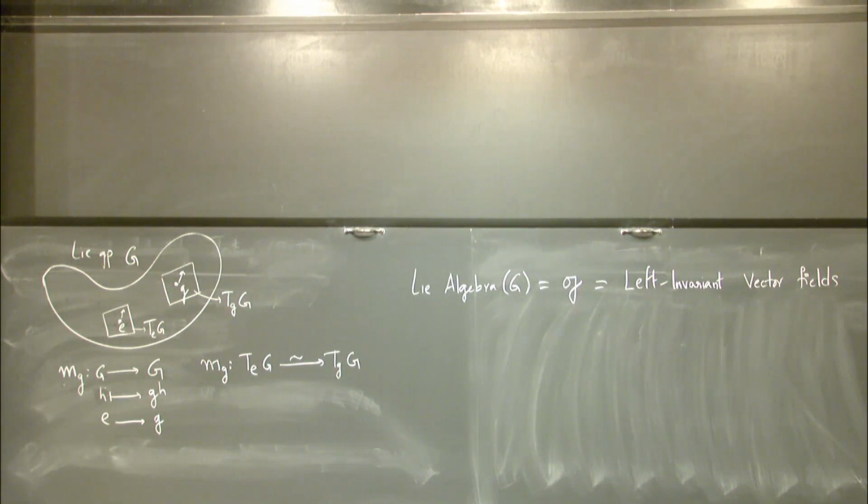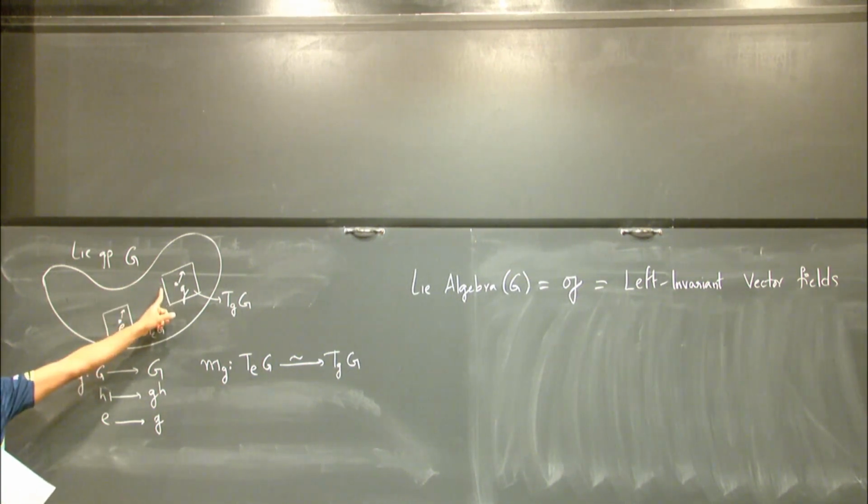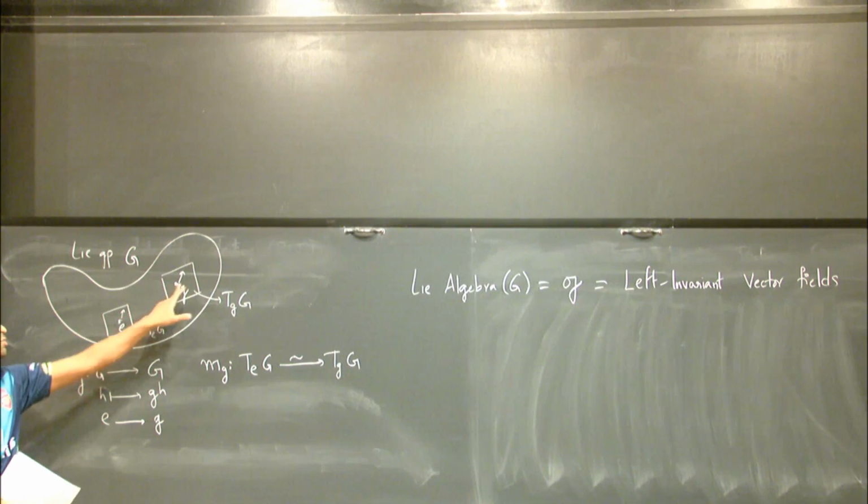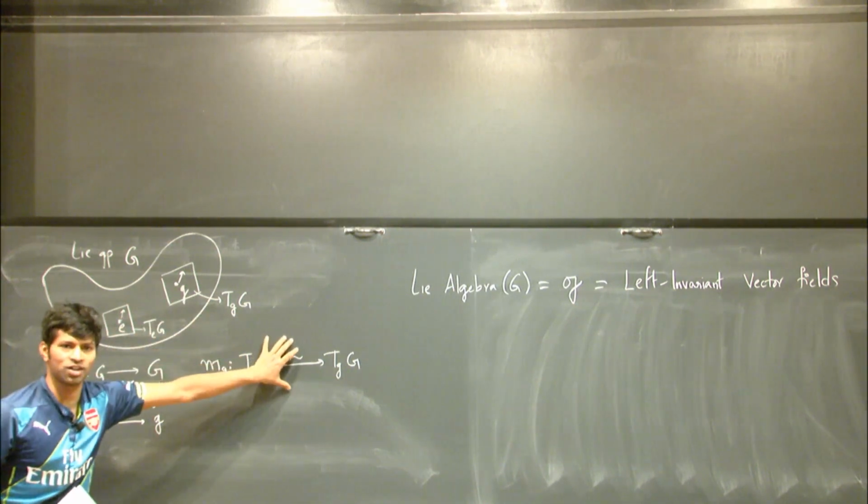Is that okay? I got confused. At every point you assign a vector space or a single vector? A single vector. Yes, a vector field is the assignment of a single vector to every point in the manifold. And left invariant means that because we identify the tangent spaces, whatever vector you picked here should be the same vector that you picked here under this identification.